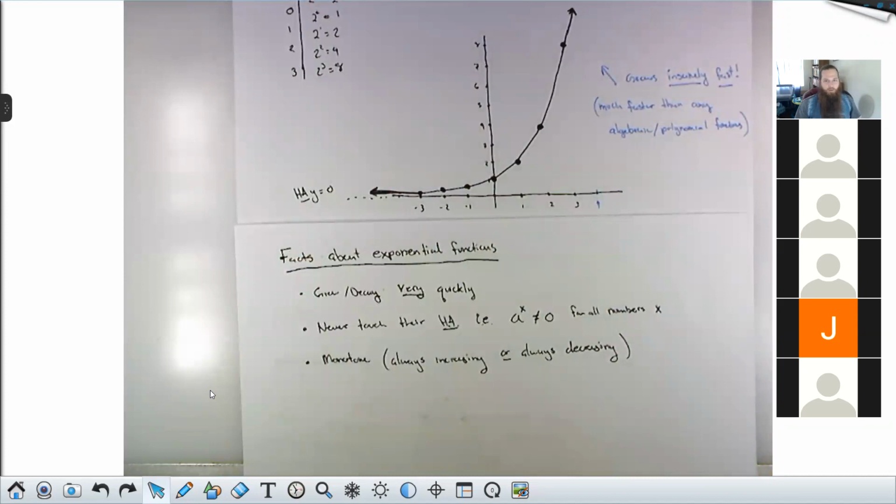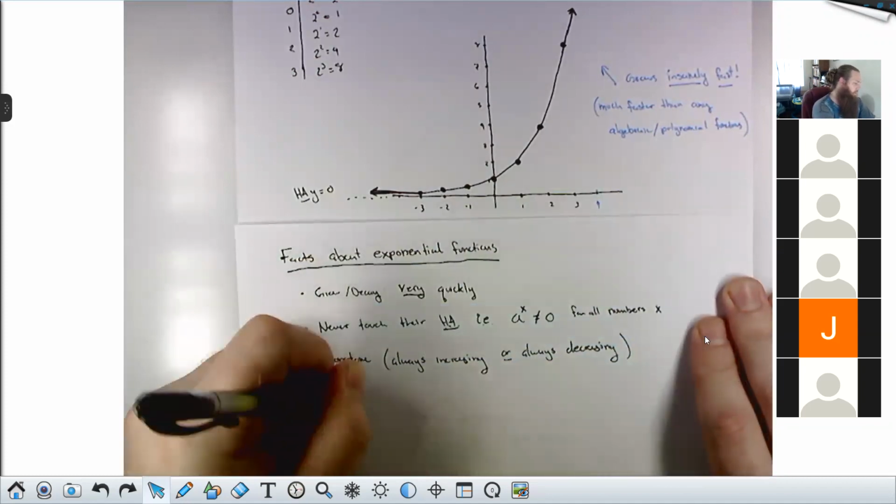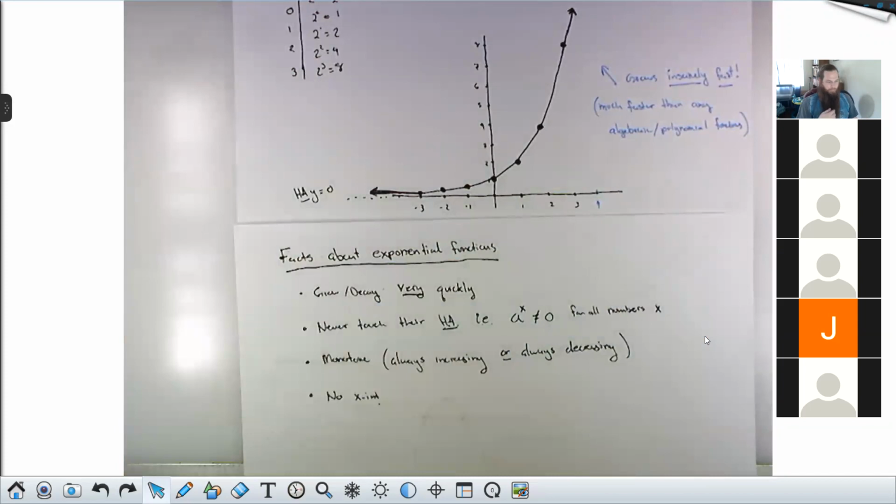What else do we notice? Yes, another way you could say this, no x-intercepts, right? You could also say, I know it's not about the graph, it's more about the table, but the fractions are always going to be like the opposite.